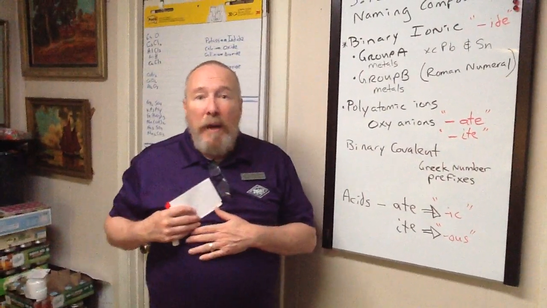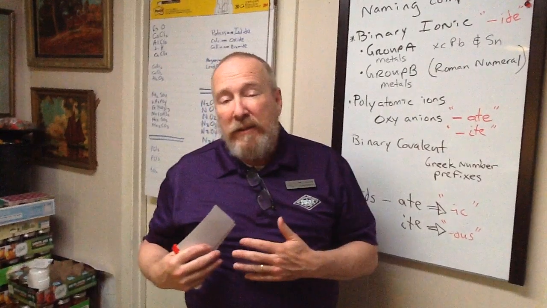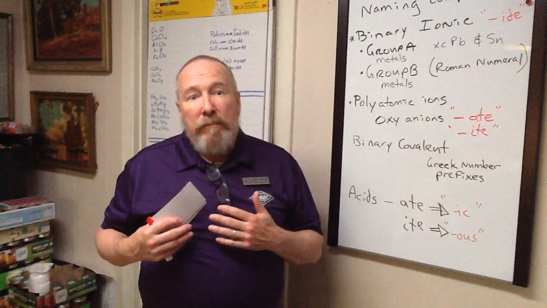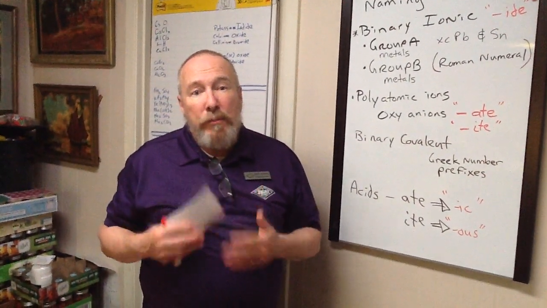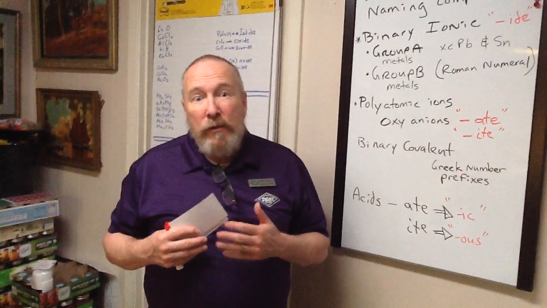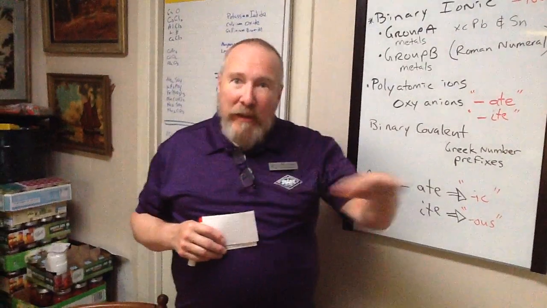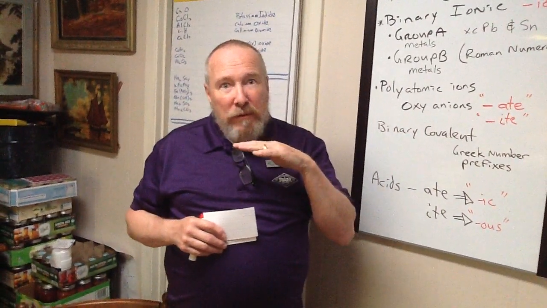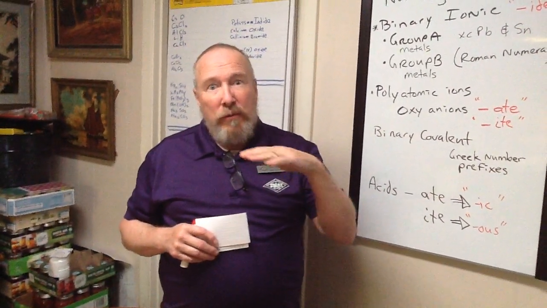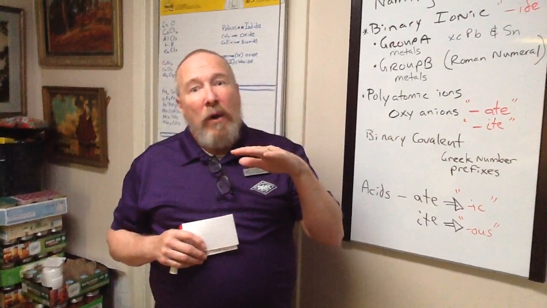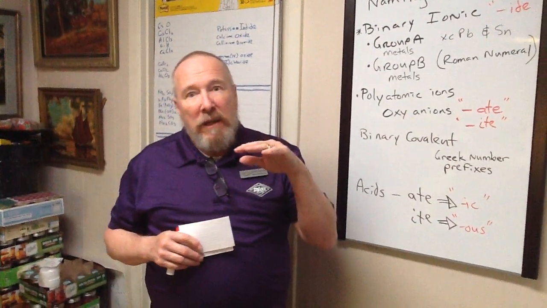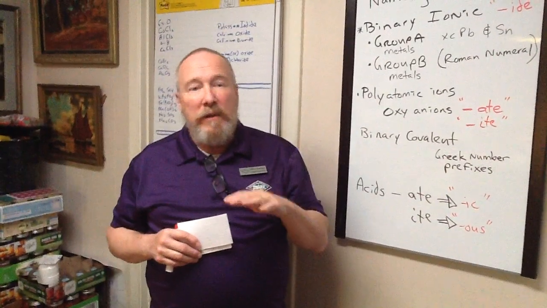For example, with copper, using its Latin name, we would call it cupric +2 and cuprous +1. The -ic, you couldn't say absolutely what its valence was, what its charge was. All you knew was that the -ic was 1 charge greater than the -ous.